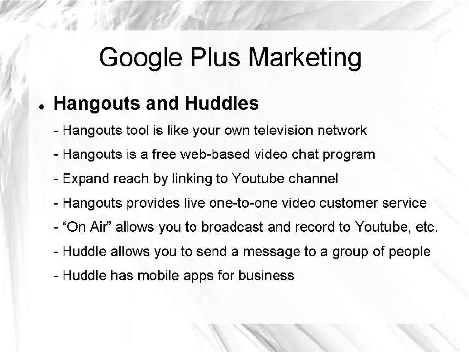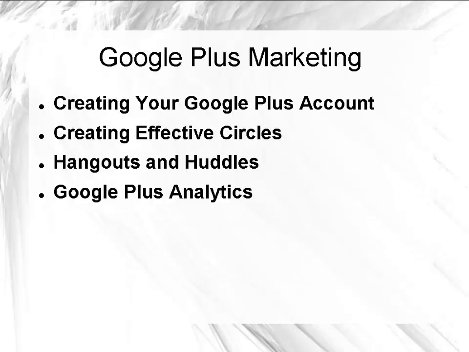Huddle also has mobile marketing applications for business, such as letting you create an ongoing dialogue about your business and its products with an unlimited number of customers selected from your circles. And you can tailor each conversation to each specific group to match their specific interests.